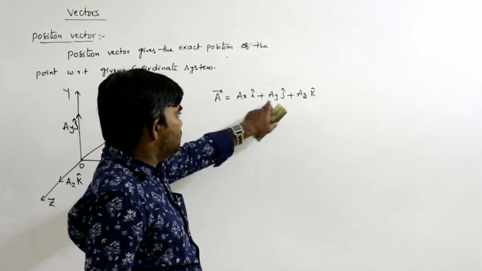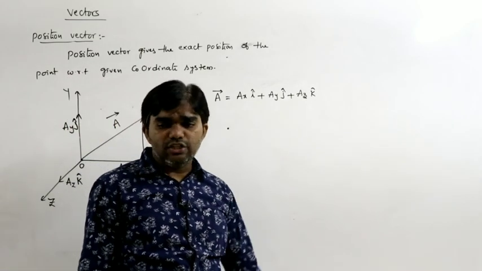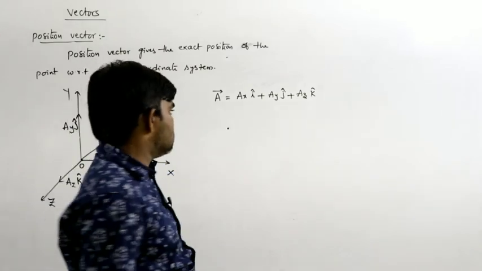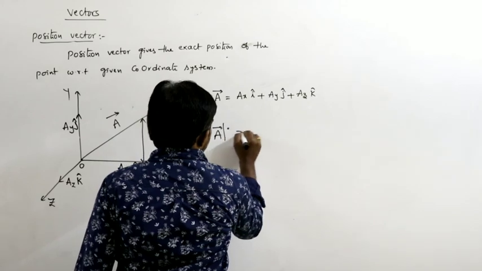What are i, j, k? Unit vectors along the x axis, y axis and z axis. So from this, how can you calculate the magnitude of the vector?